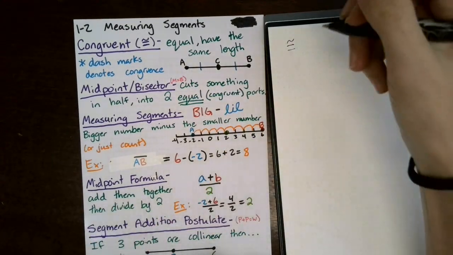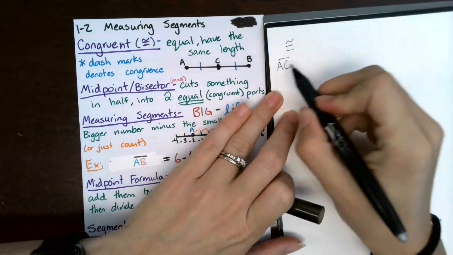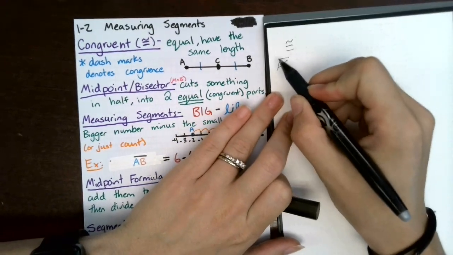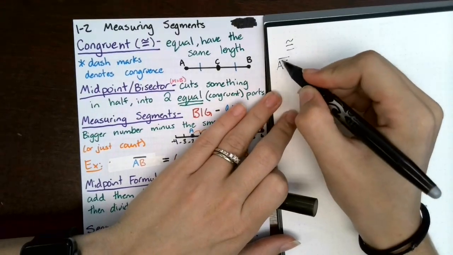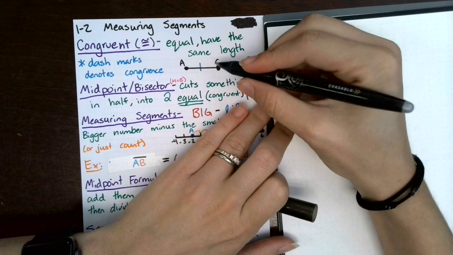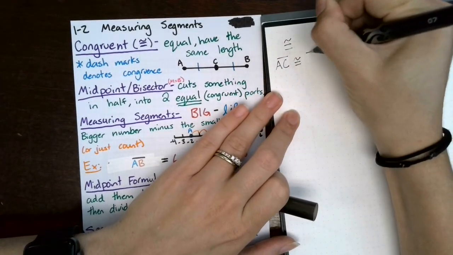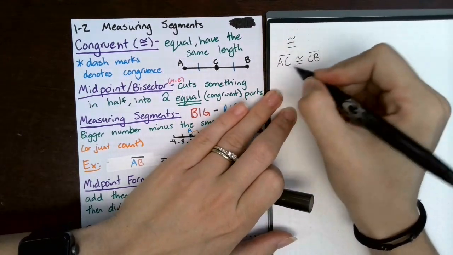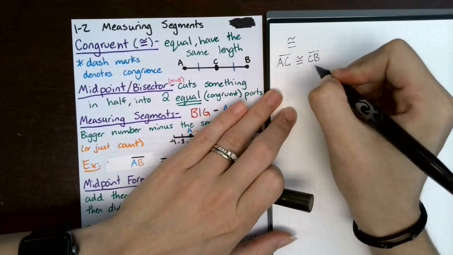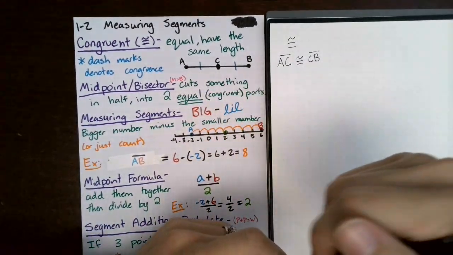Or it'll say something along the lines of segment AC. Remember, we have to put the little bar over it if we want to call it a segment. You can't just write AC with nothing above it, nothing around it. So I could say AC is congruent to CB. That is my statement there. Those are both segments that are congruent because the dash marks tell us.